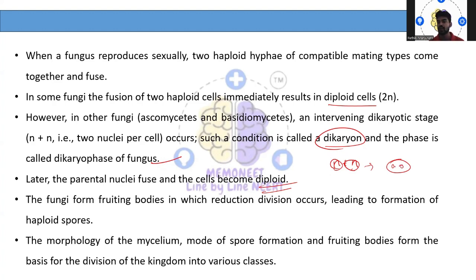After that, these two nuclei fuse together. Once the parental nuclei get fused, it becomes the diploid stage, that is the 2n stage. Then the fungus forms a fruiting body in which the reduction division occurs, leading to the formation of haploid spores. So from the fruiting body itself, spores will emerge.